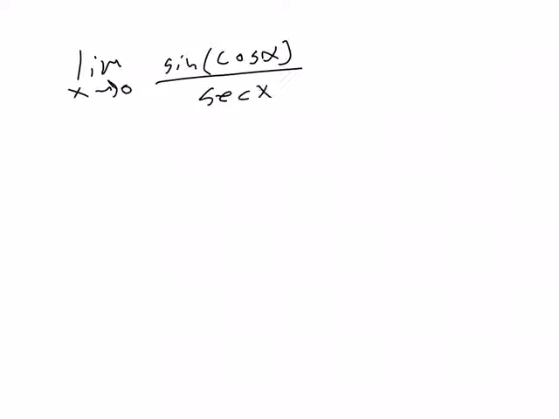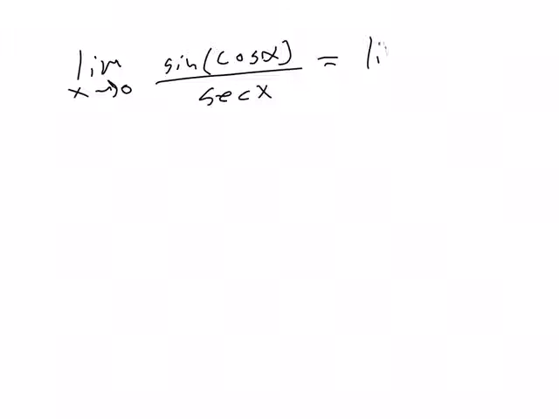So the next problem, problem 43, asks us to find the limit as x goes to 0 of sine of cosine of x over secant x.